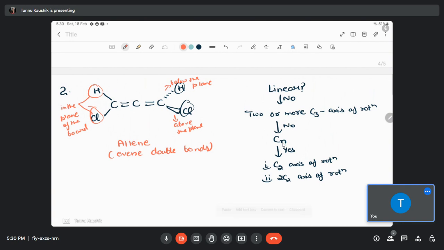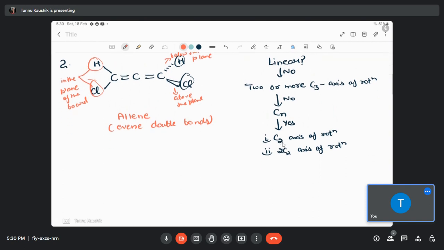So we have a C2 axis of rotation passing through this central atom.